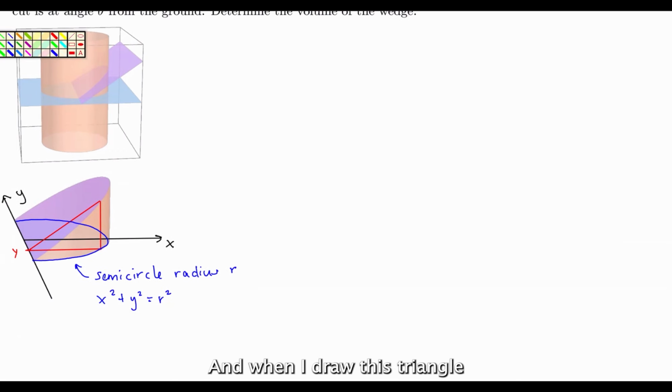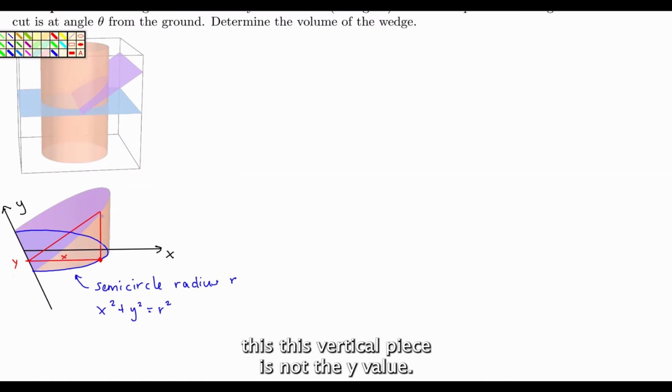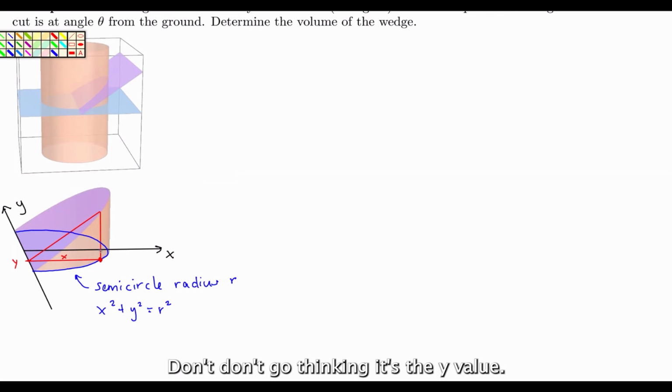And when I draw this triangle, then this length down here is going to be whatever my x value is on that circle. And the other piece we have, this vertical piece is not the y value. Don't go thinking it's the y value. The y value is here.